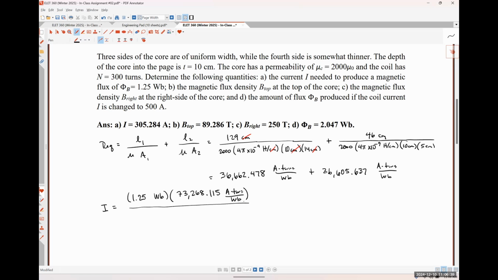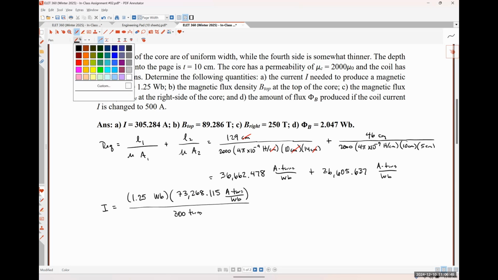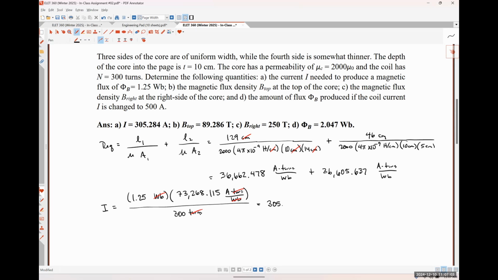And then we divide by N, which is 300 turns. And notice now that Webers cancels Webers, turns cancels turns, and we're left with amps, which I think is probably the best explanation for why the units of reluctance are amp turns per Weber. And so this winds up being 305.284 amperes.